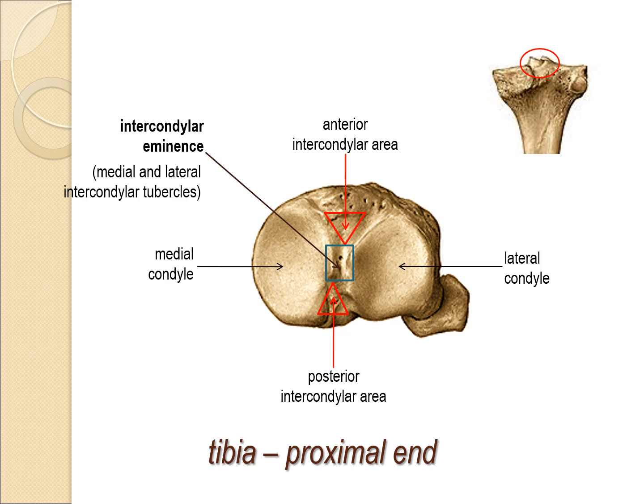It is the rough area on the superior surface of the upper end of tibia. The middle of intercondylar area is narrow and marked by an elevation called intercondylar eminence. The medial and lateral parts of the eminence are more prominent and constitute the medial and lateral intercondylar tubercles.